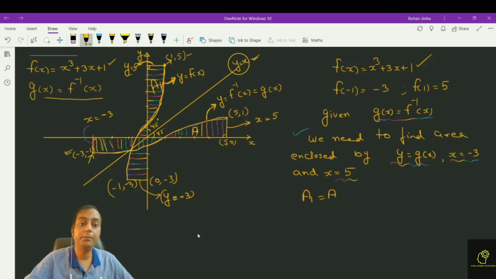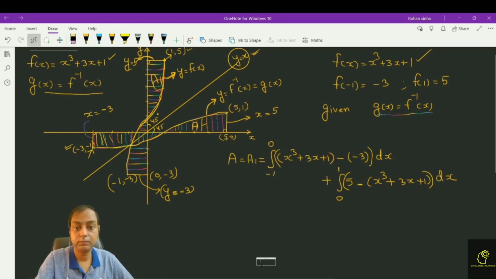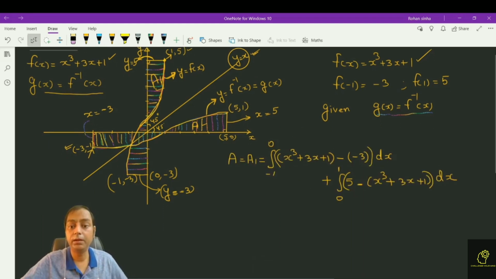So A1 = A. Now our target is to calculate A1, which can be given by the integral of (y1 - y2) dx from a to b.